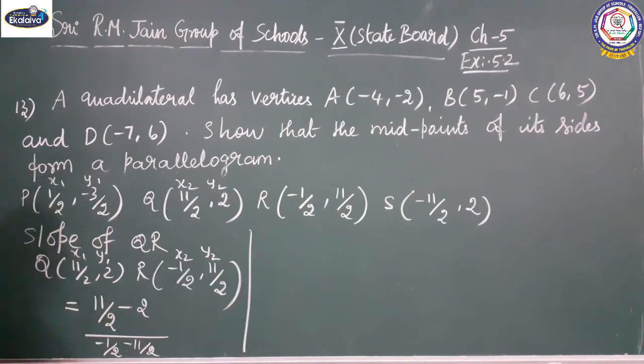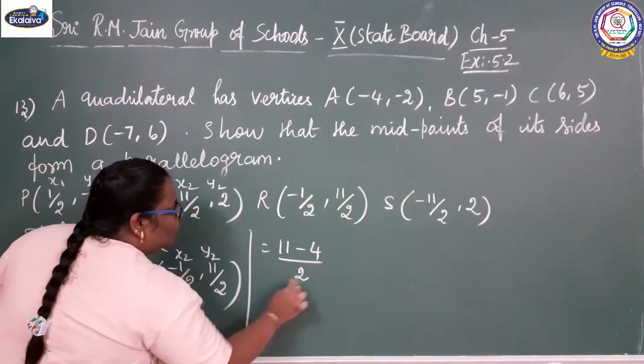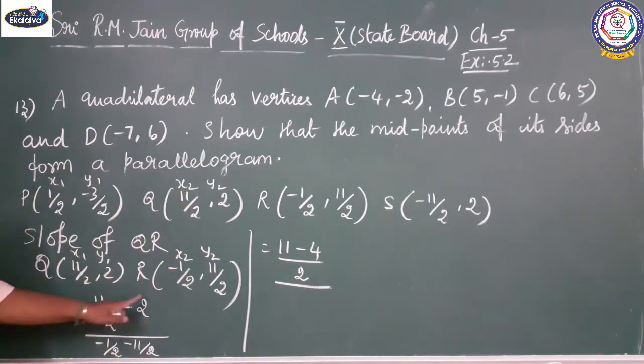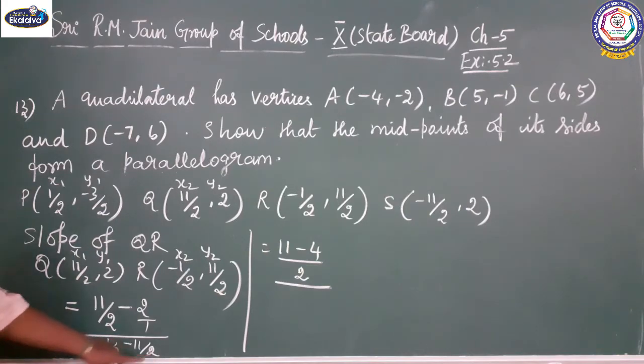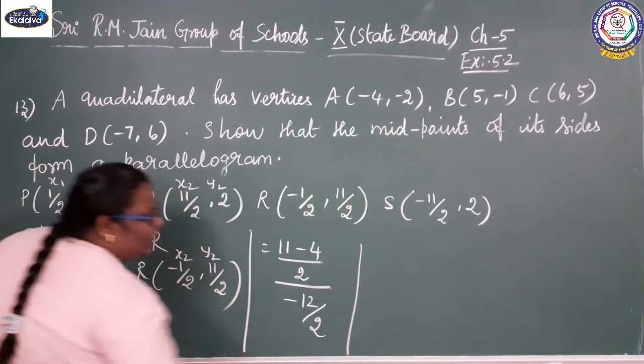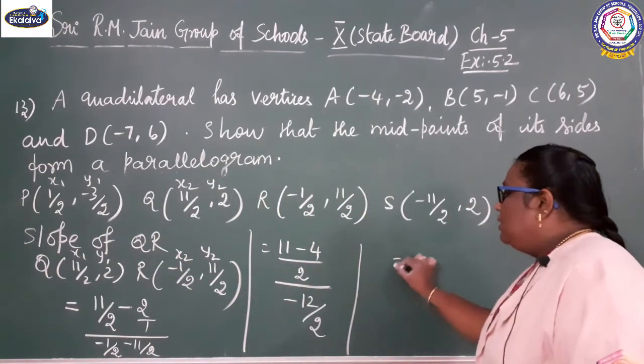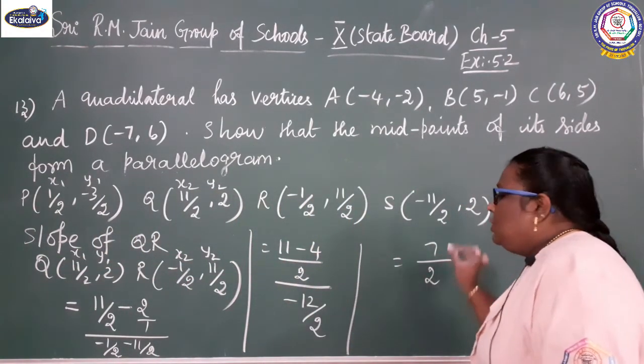See here, we can take 2 as the LCM. It gives 11 minus 4 by 2 by minus 1 minus 11 by 2. Common denominator 2. So minus 1 minus 11 is minus 12 by 2. So it gives 7 by 2 by minus 12 by 2.